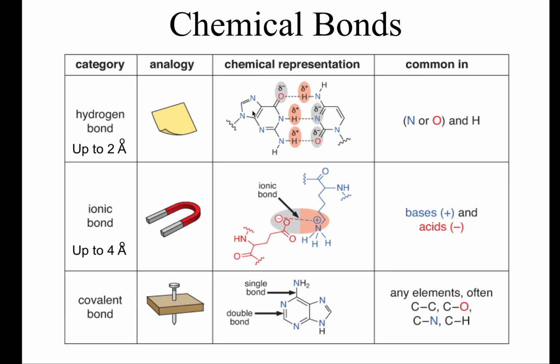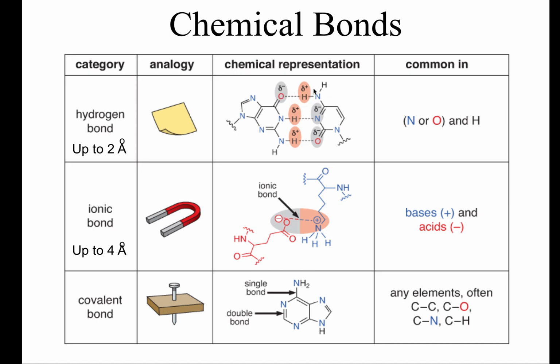It has electrons buzzing around it, and the electrons tend to spend more time on one part of the molecule than on another part of the molecule. And that makes one part of the molecule partially negative because the electrons tend to hang out there more often, and another part partially positive. Hydrogen doesn't have electrons hanging around it often, and so it'll be partially positive.